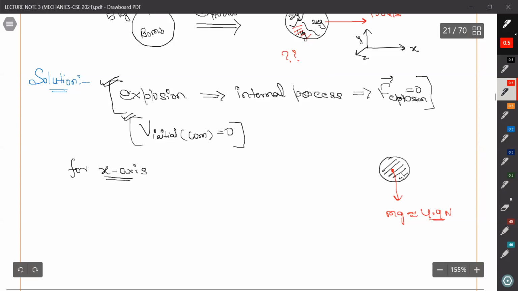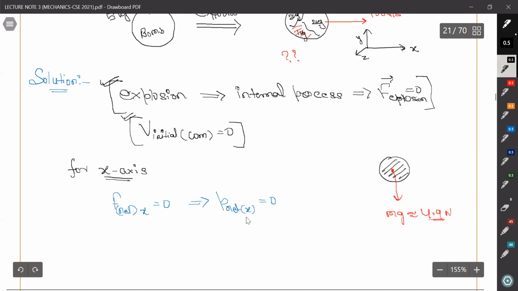For the x-axis, there is no force acting, so we write F net in x-axis is 0.